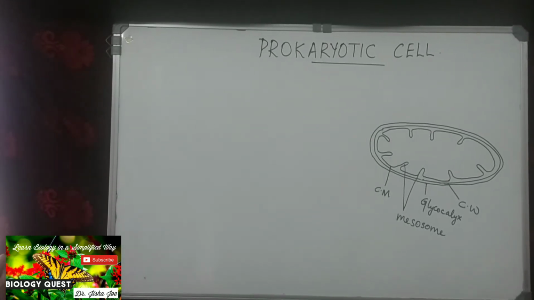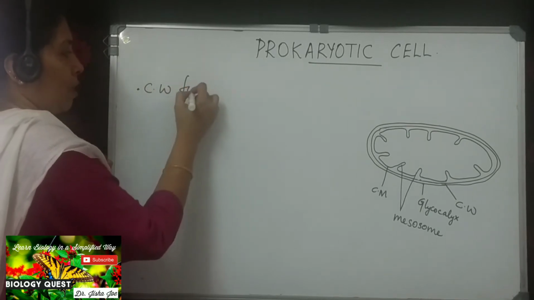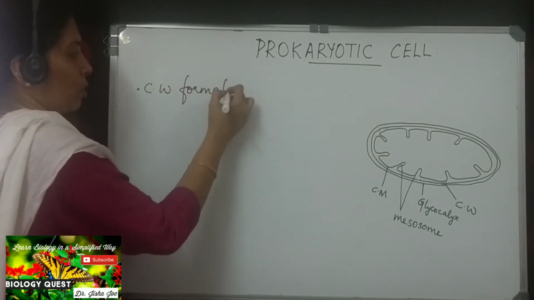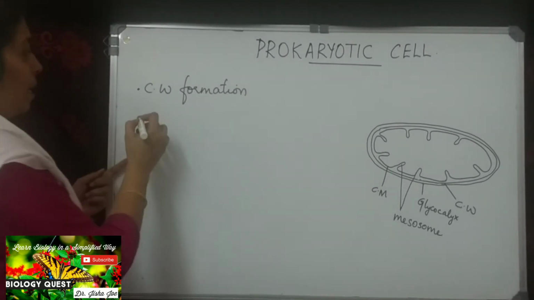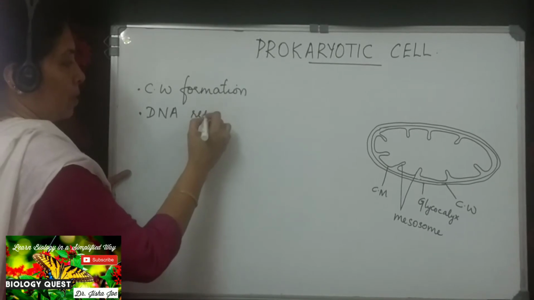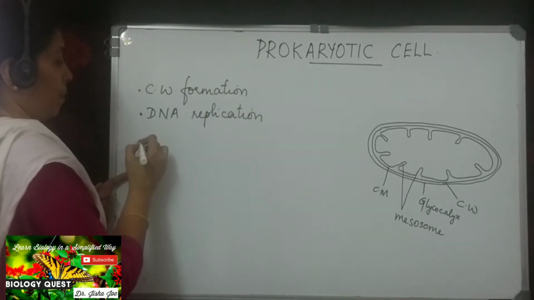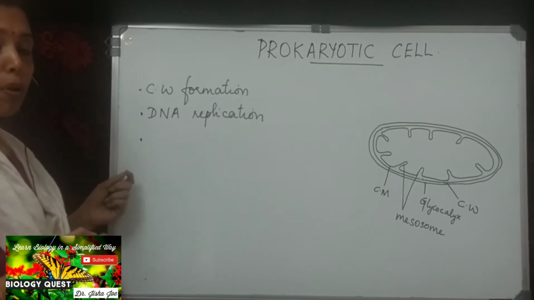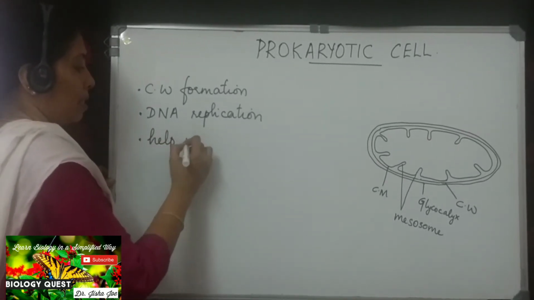functions of the mesosomes. Mesosomes help in cell wall formation. They are concerned with the formation of the cell wall. Second, they are concerned with DNA replication. They are the reservoir of respiratory enzymes, so they help in respiration.